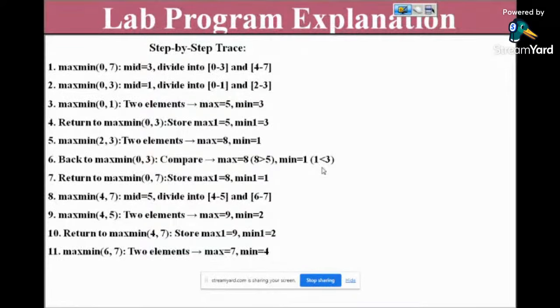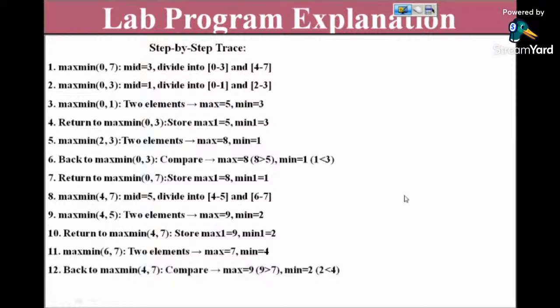So now it will go back to max min of 4 comma 7. Then the condition, as I wrote last: if max less than max1, then if min greater than min1, when the condition is checked, it becomes 9 and 2.